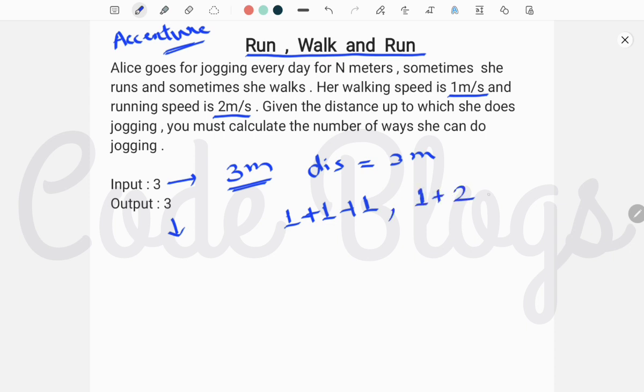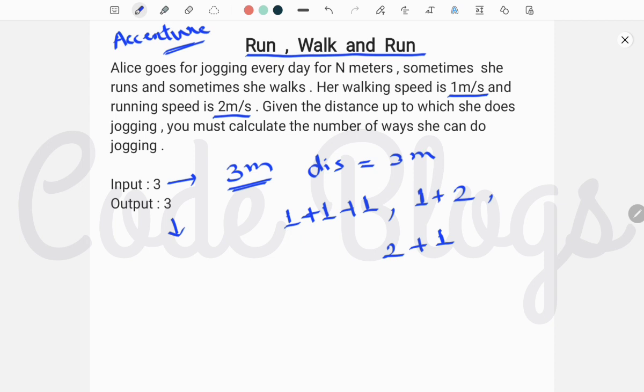Another possibility is the first 1 meter is walking and 2 meters by running. And another possibility is the first 2 meters is running and the remaining 1 meter by walking. So these are the 3 possibilities.